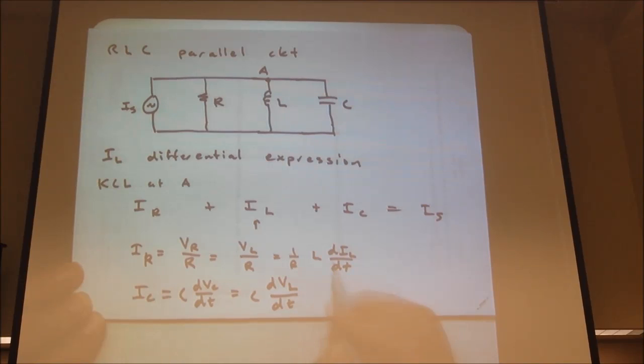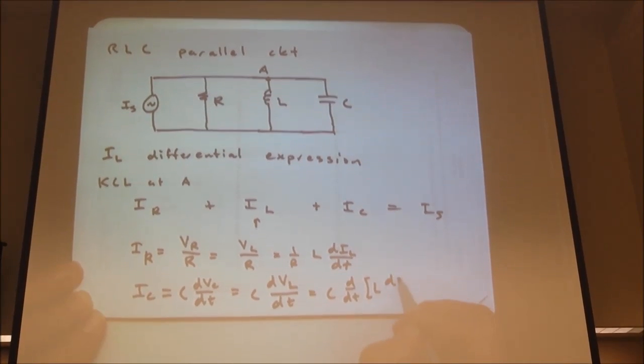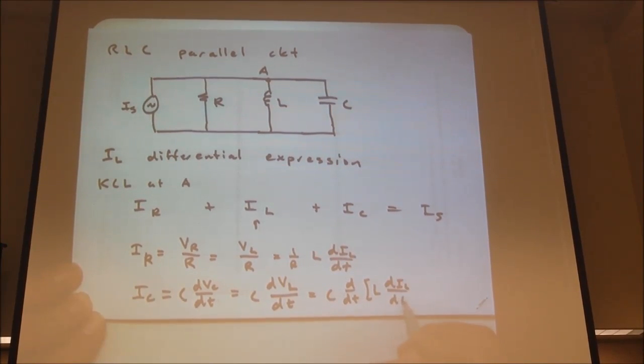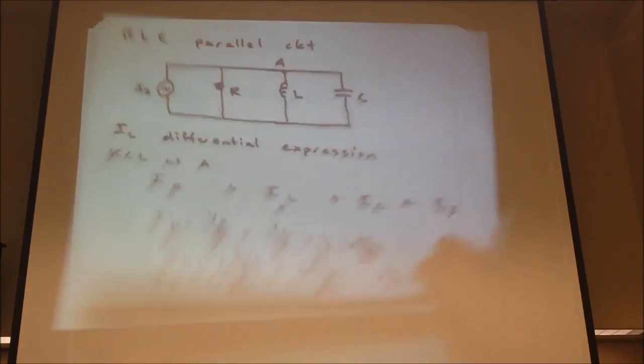And once again, C d by dt of L dIL by dt, which is LC d2 IL by dt squared. And it's starting to look a little bit familiar.